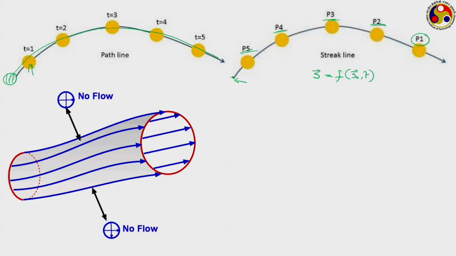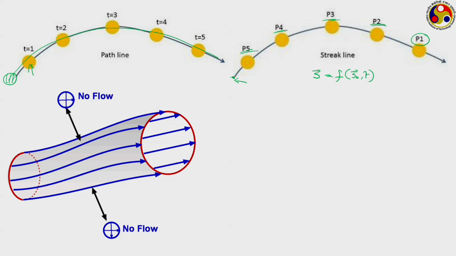But another topic that we have to make use of is called stream tubes. A stream tube is nothing but a closed surface formed by a group of streamlines, or several streamlines. Like just shown here, several streamlines are joined together to form a closed surface, so that fluid is able to flow through this closed surface, and this is called a stream tube.